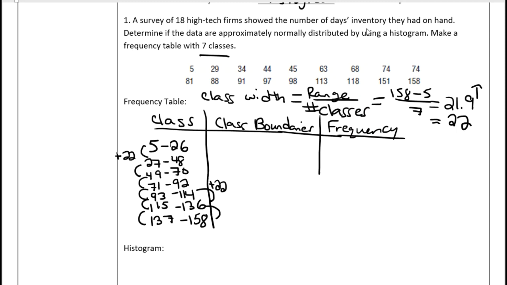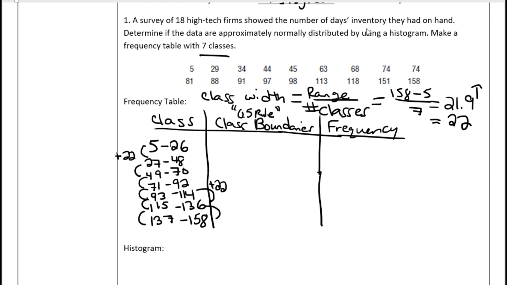Now we're going to do the class boundaries. To do the class boundaries, you use the 0.5 rule. This is something we already went over quite a few times, but just to refresh your memory, the 0.5 rule is when you subtract 0.5 from the first number and add 0.5 to the second number.